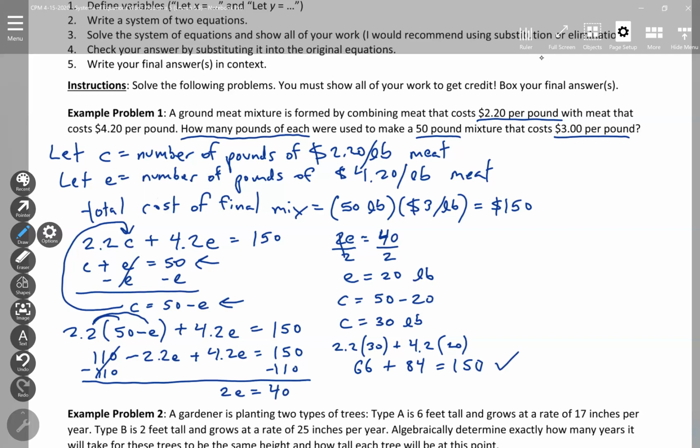Now we just need to write our final answer in context. That's the fifth criteria for success. So let's do that. So we're talking about the pounds of meat for each type of meat.